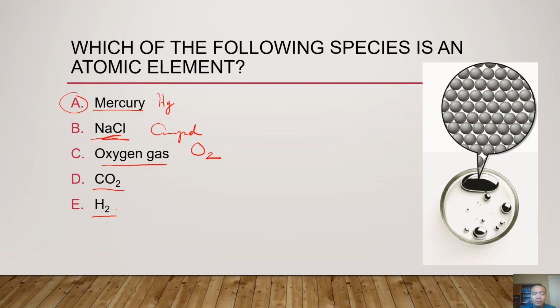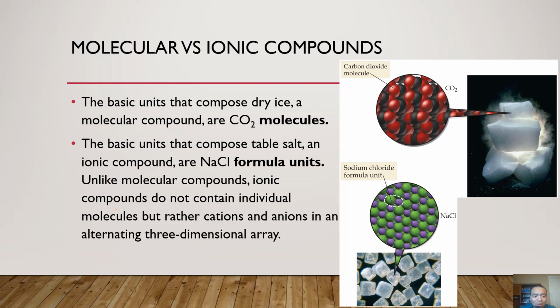So we have just gone over the details about elements. Now let's talk about compounds. For compounds, we have an ionic compound, which is formed between a metal and nonmetals. A covalent compound, or so-called molecule or molecular compound, is formed between nonmetals.